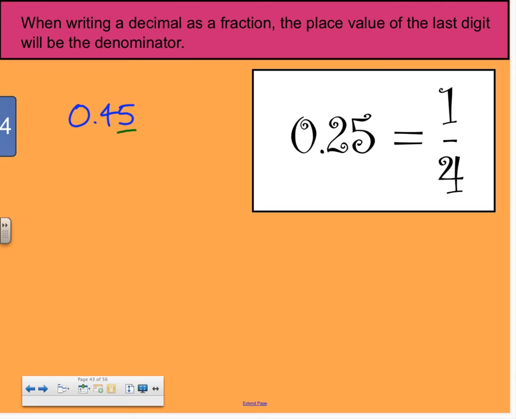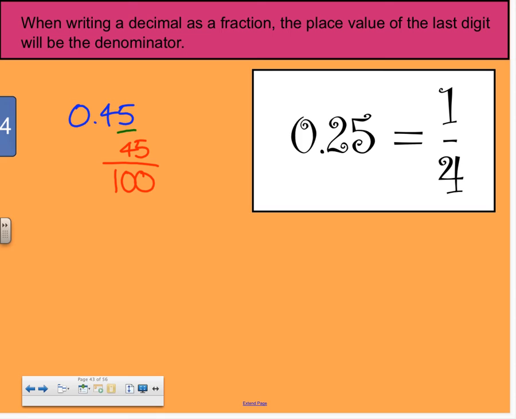So the place value of the last digit is my denominator. So my denominator is going to be 100. And then what do I put in the numerator? 45. Okay? Because if you read 0.45 like you're supposed to, it is 45 hundredths. So if you know how to read decimals properly, then it's easy to put them into fractions.